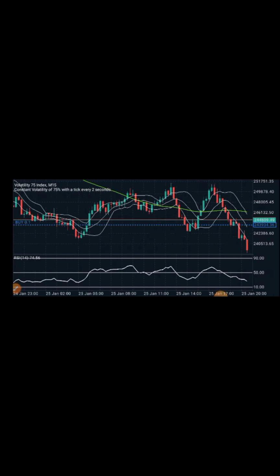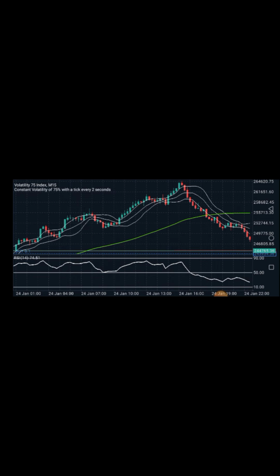As you can see, your moving average is below. It's not touching any of this. So what you will now wait for is for your RSI to start going up. When it starts going up, you will buy and make profit. You leave the market. This one is for buy.